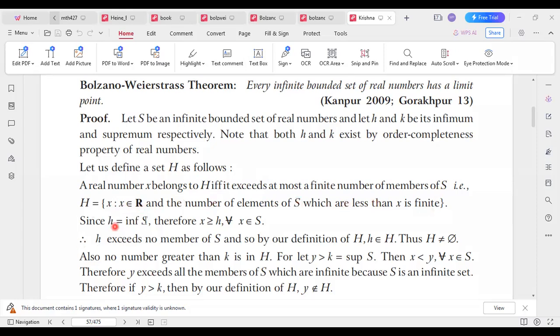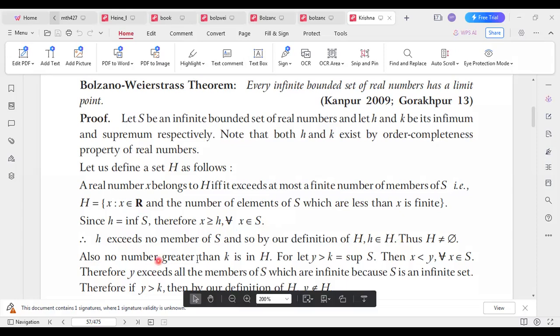Since s equals the infimum of S, x is greater than or equal to s for all x belonging to S. Therefore, s exceeds no member of S. So by our definition of A, s belongs to A. Thus A is non-empty.